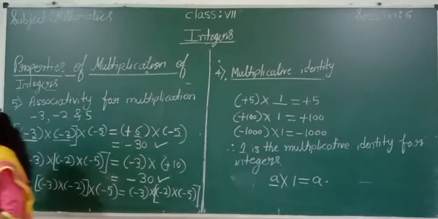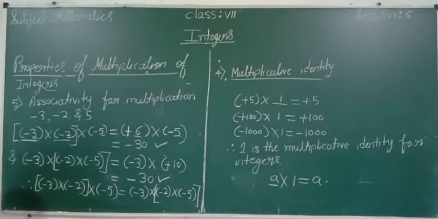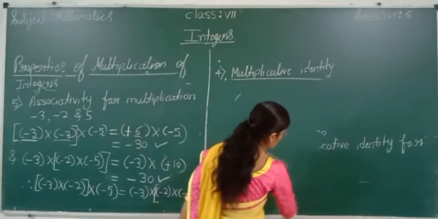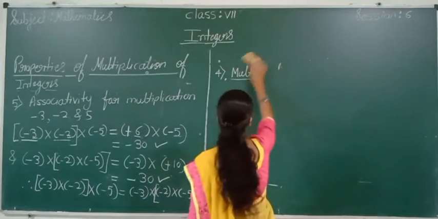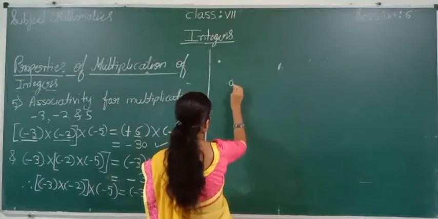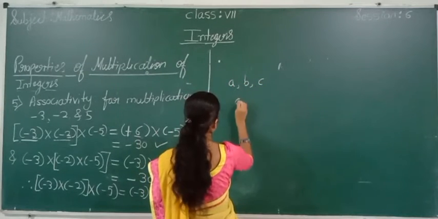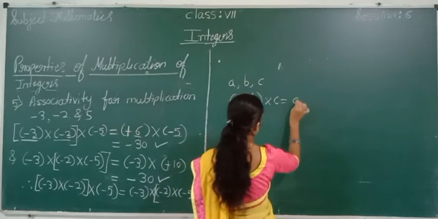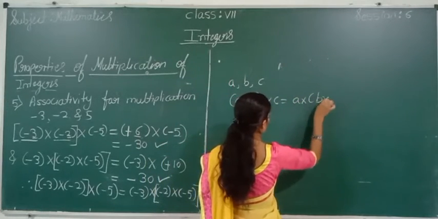So in general, if A, B, C are 3 integers, we can write A into B into C is equal to A into B into C with any grouping.